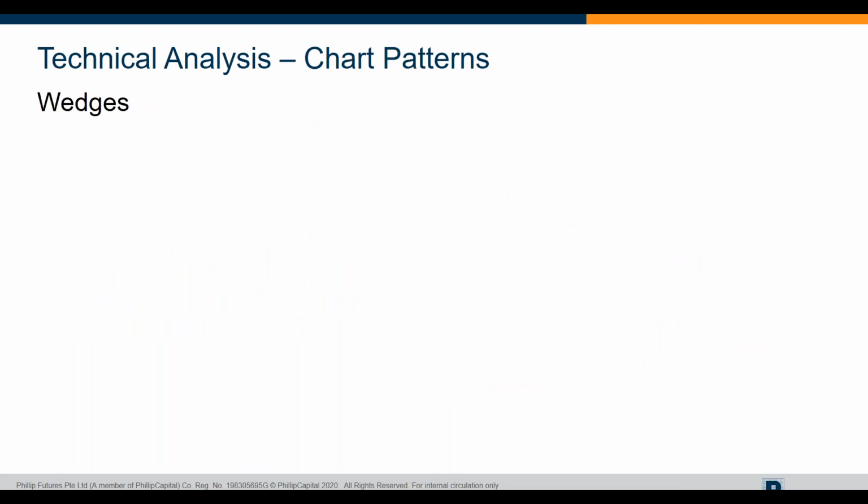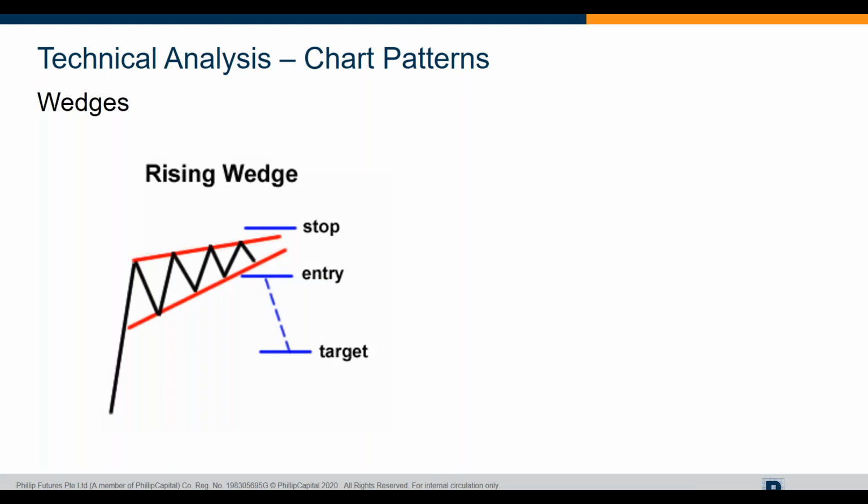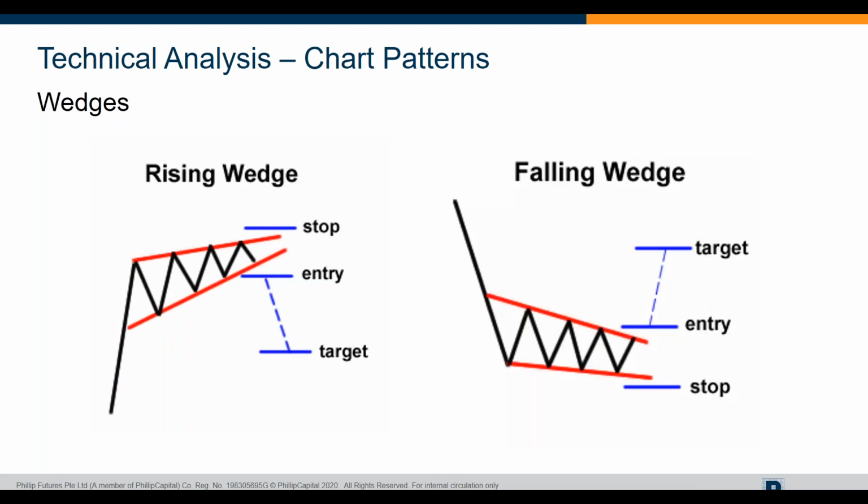Some of the chart patterns that people normally use to identify price movements are the rising wedge and falling wedge. These are patterns that people see, and there's a high likelihood that the price will go a certain way after this formation. A rising wedge is a reversal pattern. After a rising wedge, price tends to drop, and after a falling wedge, price tends to increase.